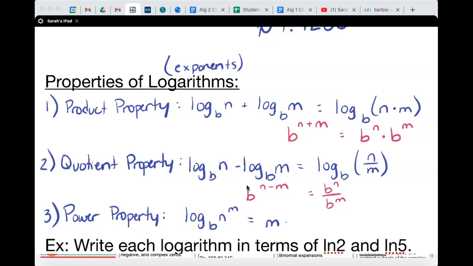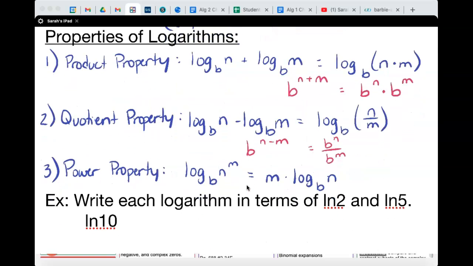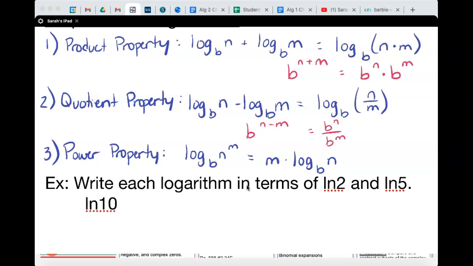So then it's n times log base b of just n. This one doesn't really connect to an exponential reasoning, but logarithms are exponents, so I could just move the exponent in front and multiply by the exponent that I'm trying to find with the logarithm, which is kind of weird. We're going to work with these three properties today and tomorrow quite a bit. They should become easier to understand.